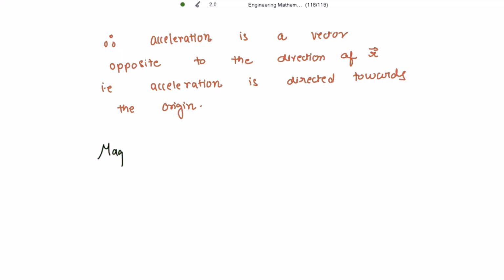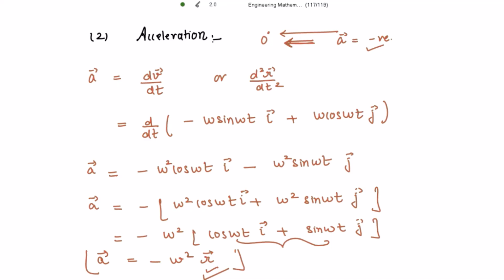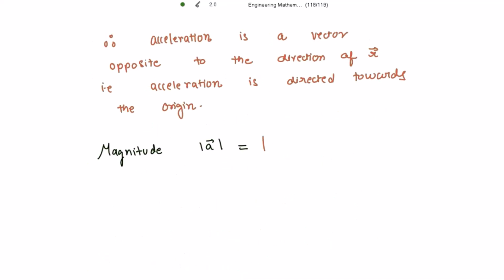And now finding the magnitude of acceleration, that is the mod of a vector. What is the acceleration? We have found this to be minus w squared r vector. So its magnitude is w squared r. From this equation you can say that it is directly proportional to the r vector, where w is the constant.